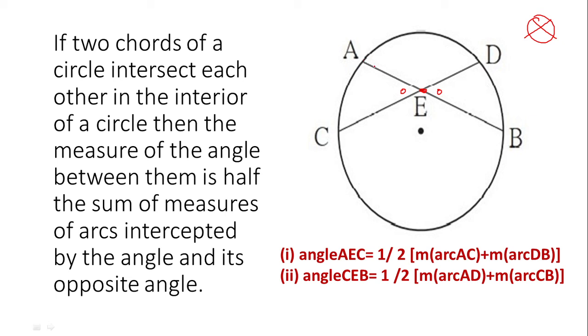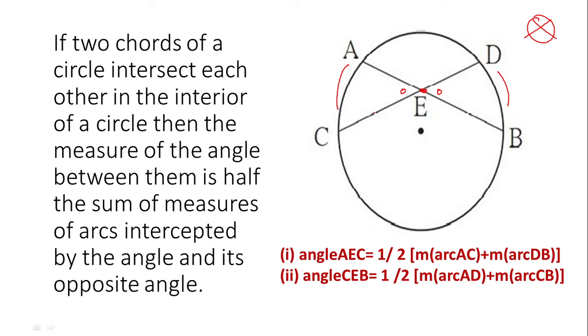Suppose you want the measure of angle AEC. It will be half of the addition of arc AC plus arc BD. And if you want the measure of angle DEB, it will be half of the addition of arc DB and arc AC. It depends on which angle you want.